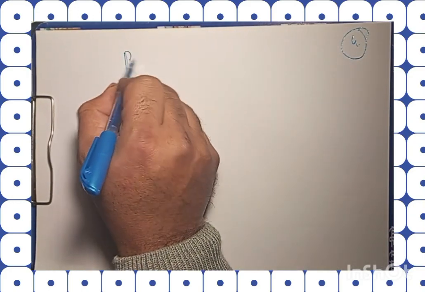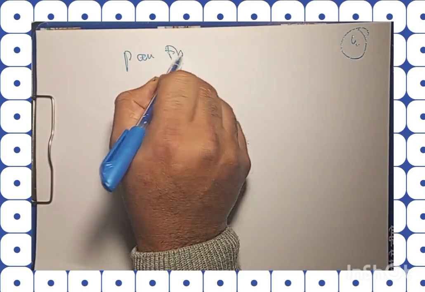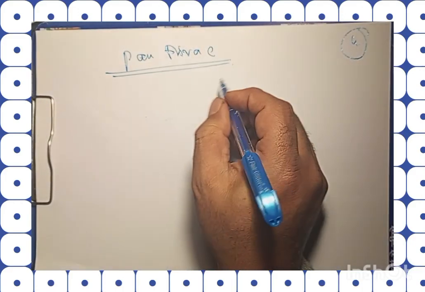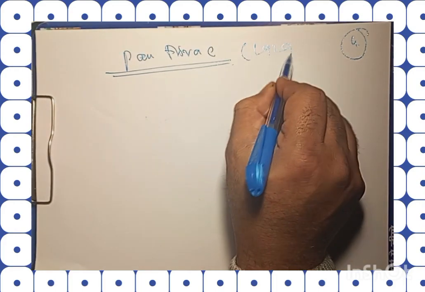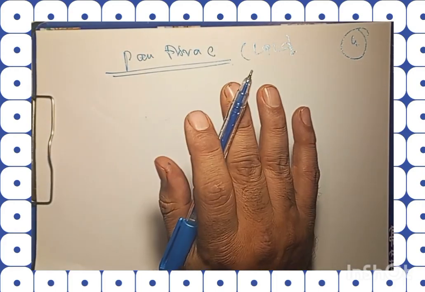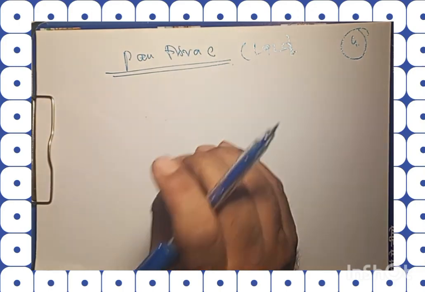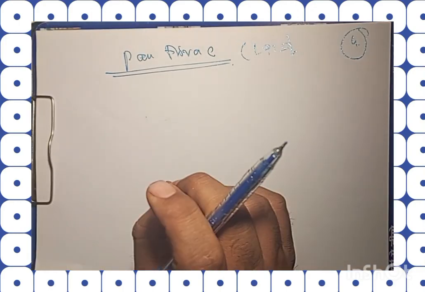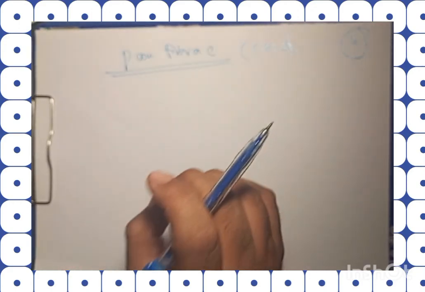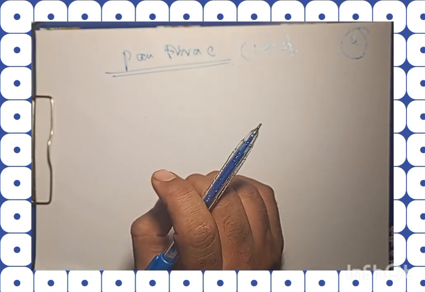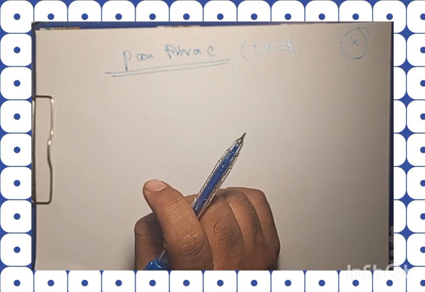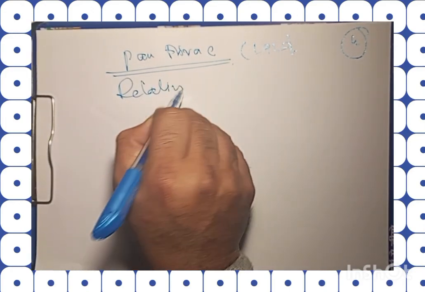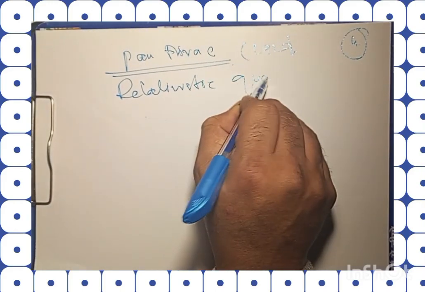What he did was find that there is a fundamental property associated with the electron, and that fundamental property is the spin of this electron, using relativistic quantum mechanics.